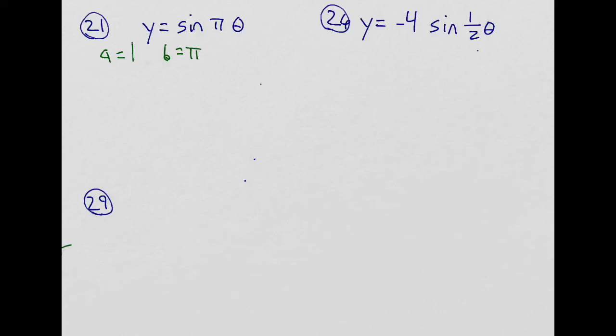Okay, but b is not what you put on the graph. The period is what you put on the graph. So I need to find the period, and that is always equal to 2 pi over b, which in this case is 2 pi over pi, so the period is 2. Okay, now I've got everything I need to sketch. So again, very similar setup, like that. Starts at 0. Amplitude is 1.